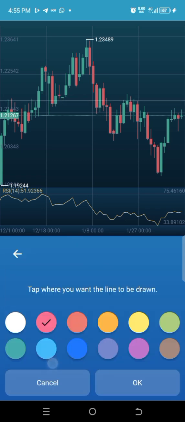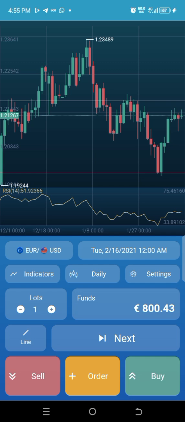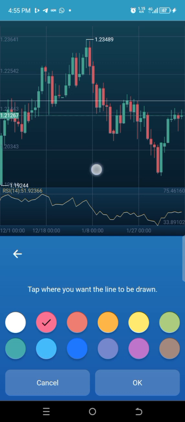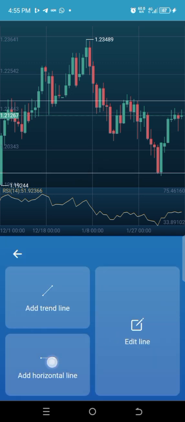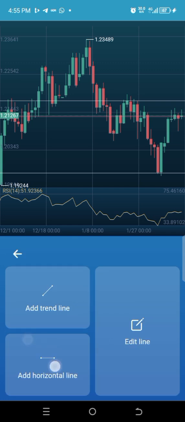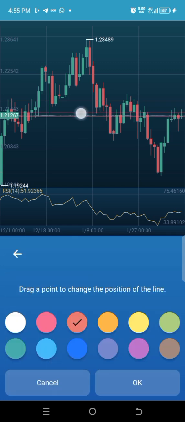Marking our area of trade, high, low. Let's change the color. Open, close. It's really tiny. Close means really tiny body for this candle.